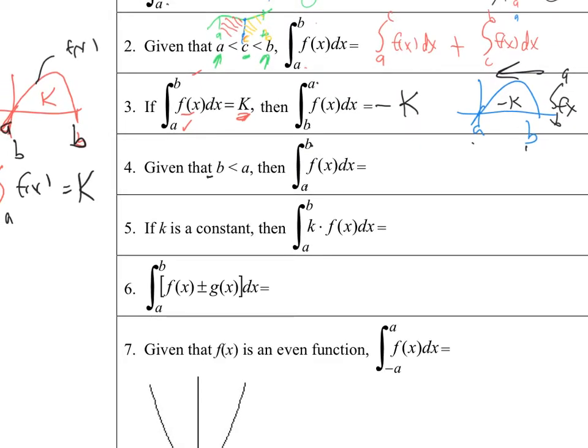If B is less than A, and he's going from A to B, since it's the opposite direction, whatever that original area was, the area is going to be the opposite of the integral from B to A of f of x. If I switch the limits, I switch the sign.